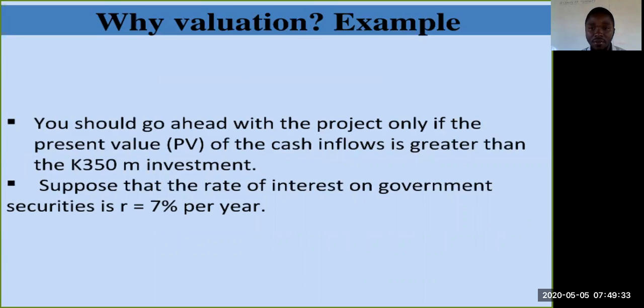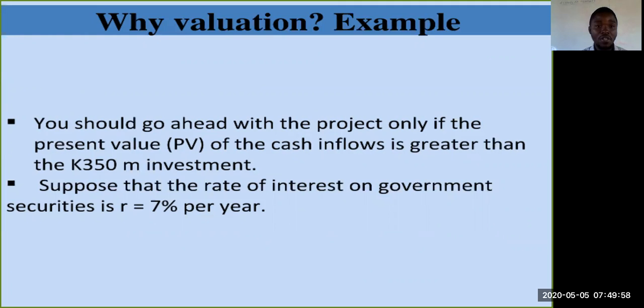You should go ahead with the project only if the present value of the cash flow is greater than the 350 million investment. Suppose the interest rate on government securities is 7% per year. So, like I said, you'll be able to compare two figures if they're in the same terms, the same time space.